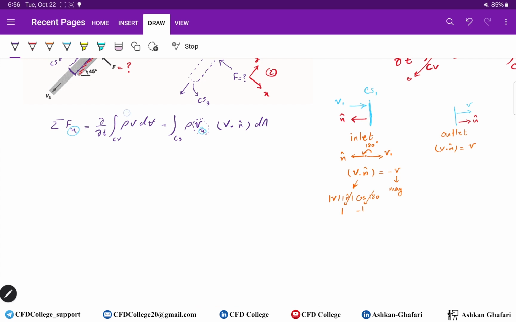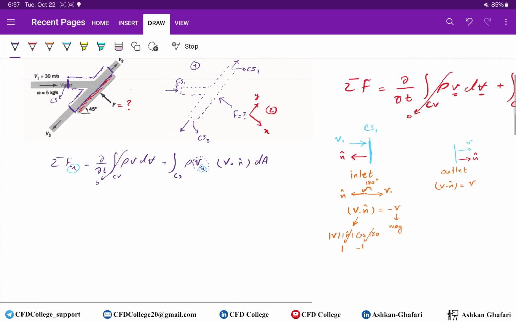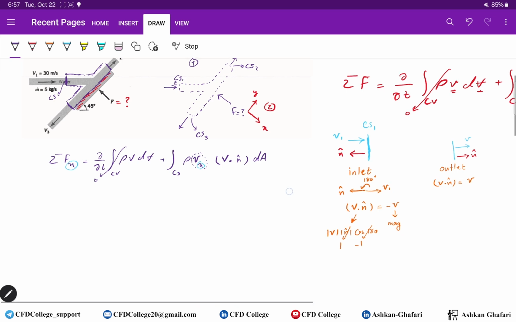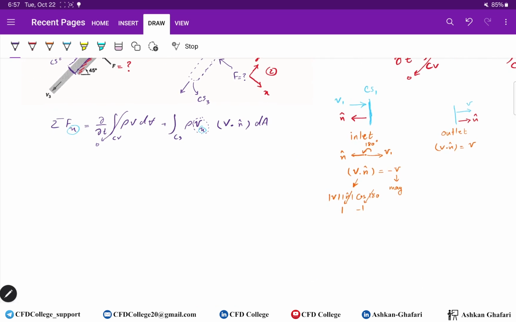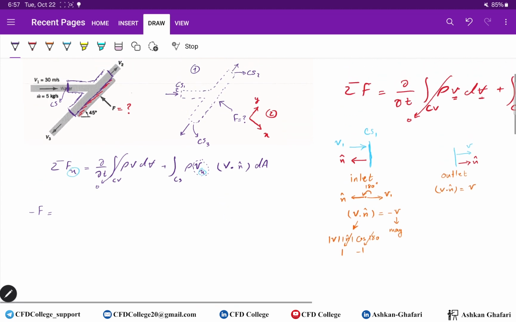So since we are working at steady state, the first term is 0. In x direction, we have only F. So we only have one force, F, which is in the opposite direction to the x. So minus F equals, we have three control surfaces, but control surface 3 and 2 are perpendicular to x.